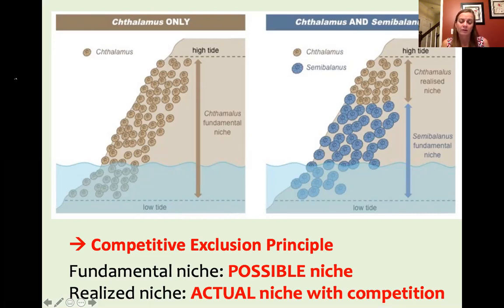And so the thalamus will wind up living in the upper area of its niche, and the Symbioses will live in the lower area of the niche. And that way, even though the thalamus has been pushed out of part of its fundamental niche, it still has its realized niche, and that's its actual niche when there is competition for resources and space.